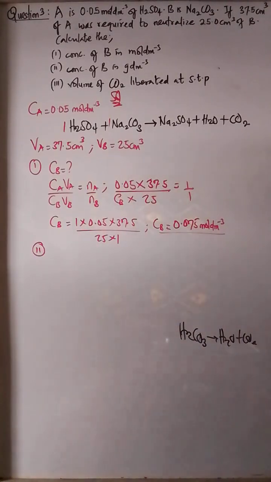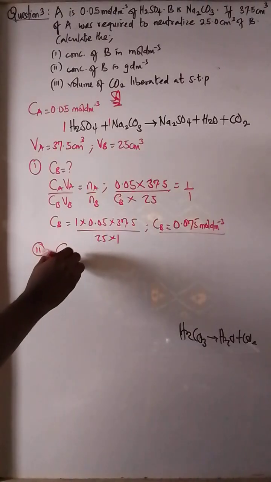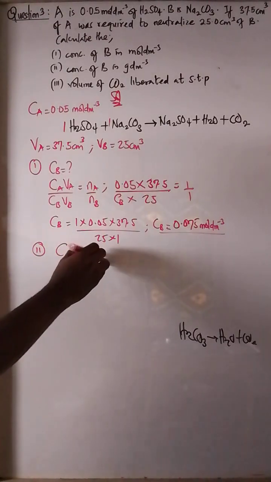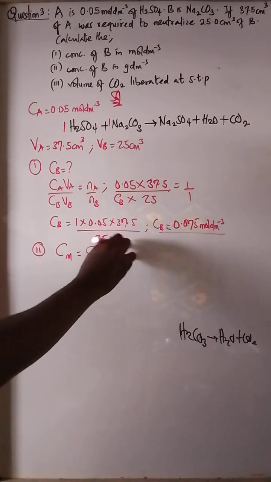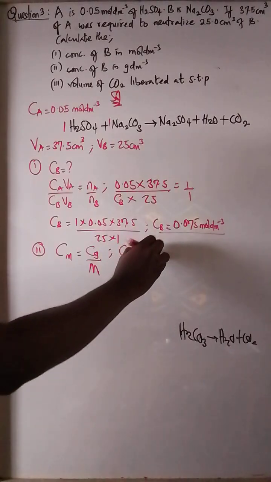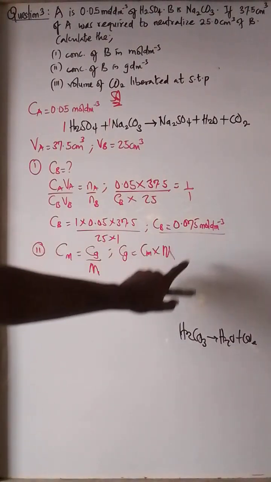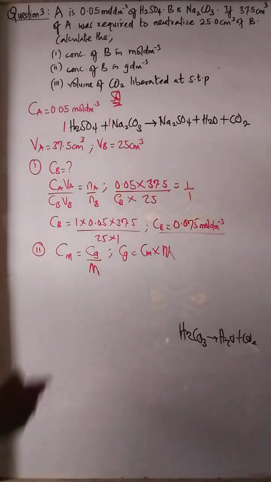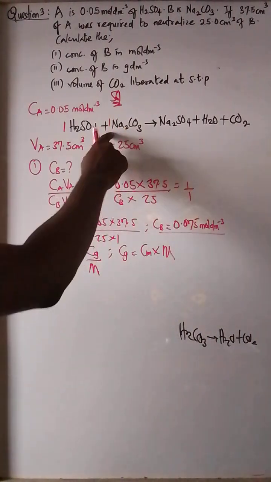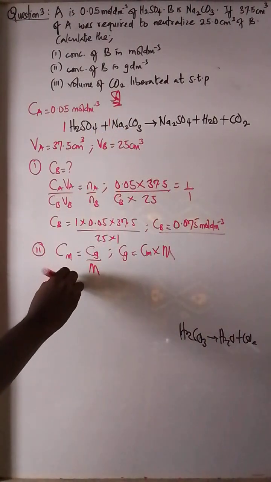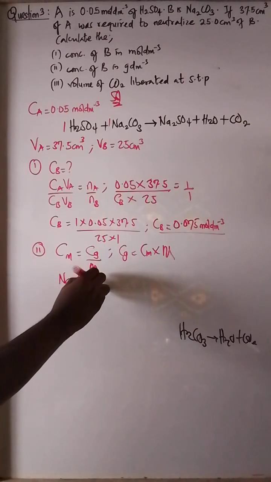The second part is the concentration of B in gram per dm cube. Concentration in mole per dm cube equals concentration in gram per dm cube over molar mass, so Cg equals Cm times M. Cm is 0.075. We need to look for the molar mass of B. B is washing soda, Na2CO3.